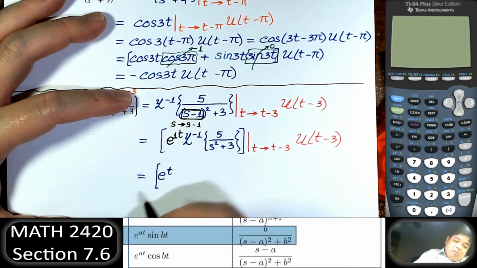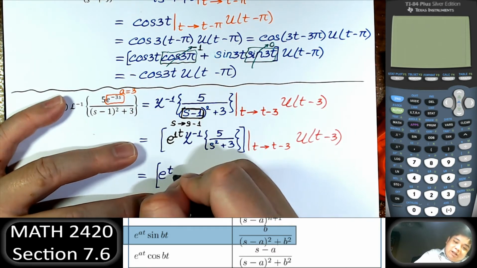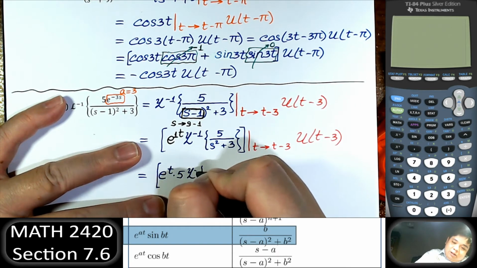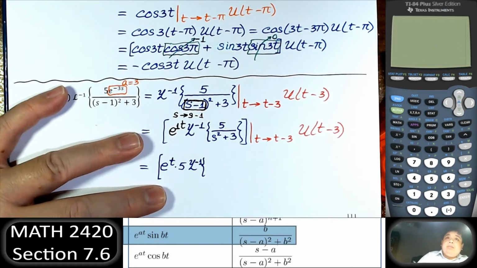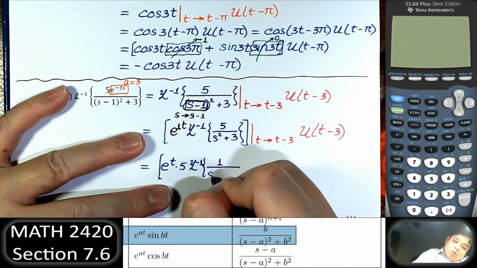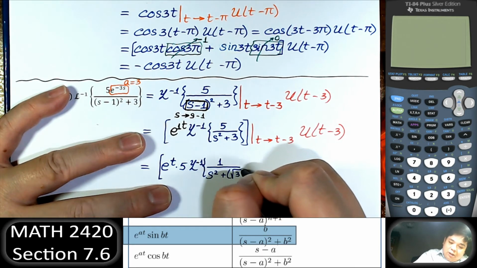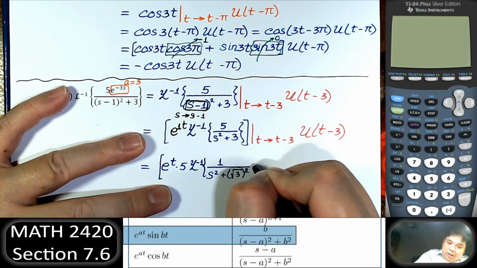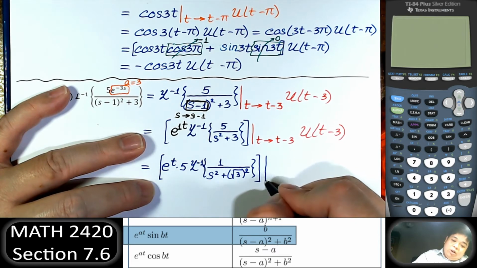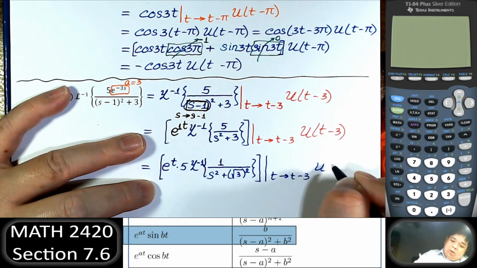Right? Now, so e to the t, which is good. Notice that here we can take out the 5. Now, on the top, of course, is 1. S square, 3 we can write as square root of 3 square. Whenever we do all of that transform, replace t by t minus 3, and then u of t minus 3.